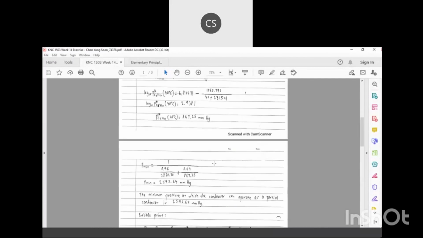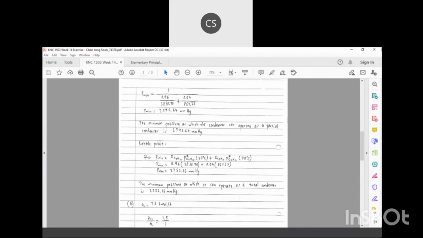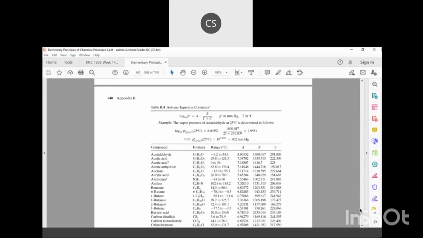So we proceed with the next one, which is the bubble point pressure.